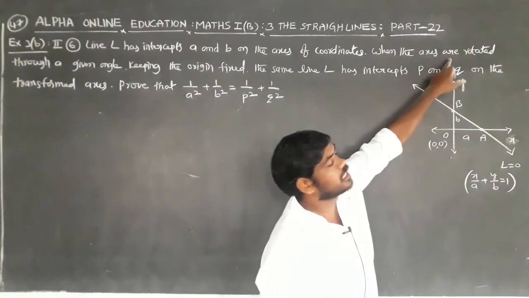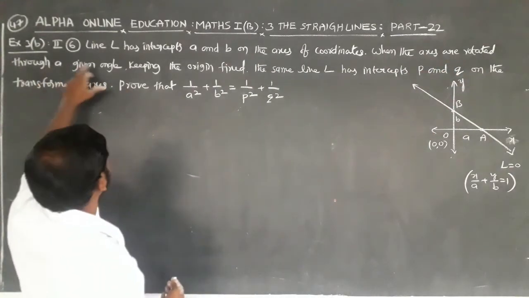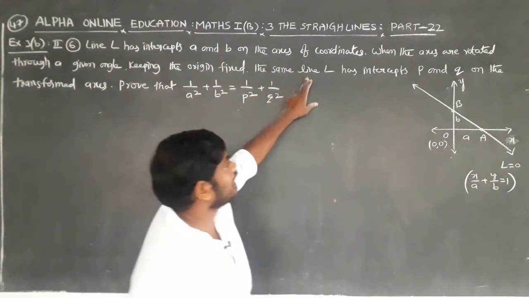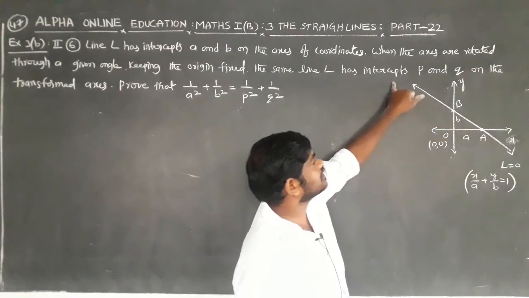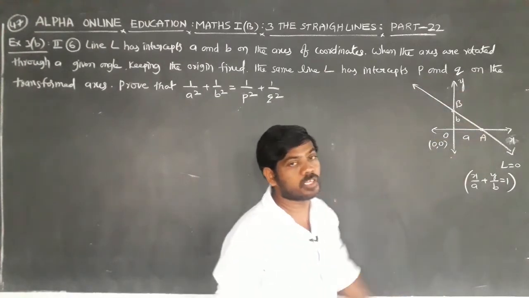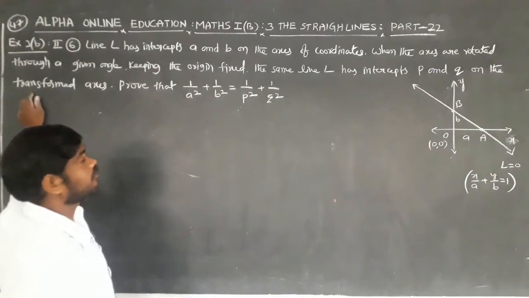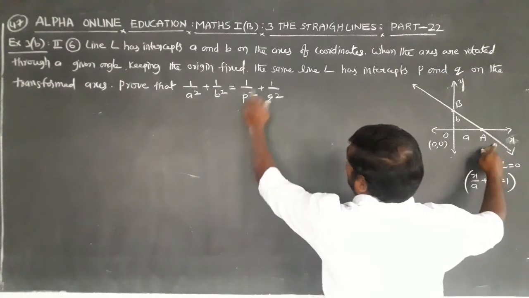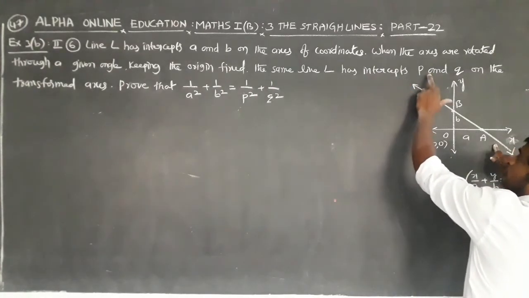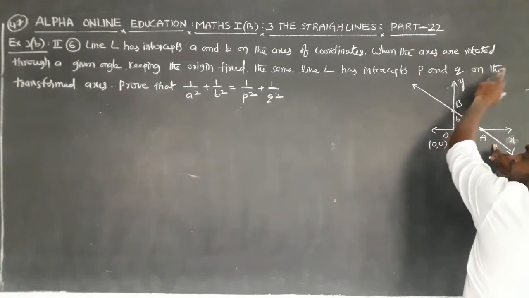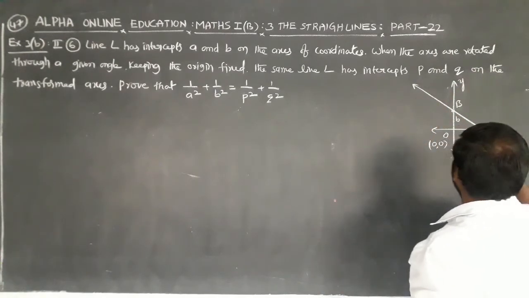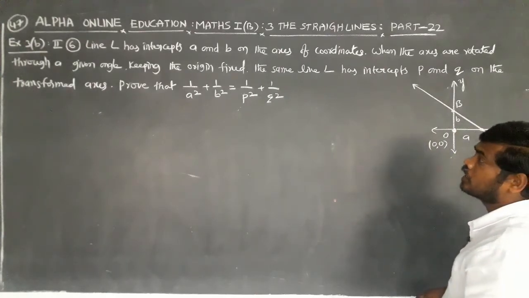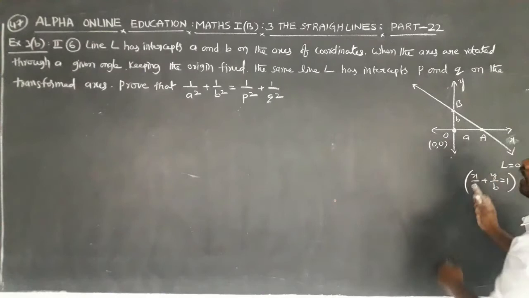When the axes are rotated through a given angle, keeping the origin fixed, the same line L has intercepts small p and small q on the transformed axes. Here the origin is fixed, and we rotate the axes.